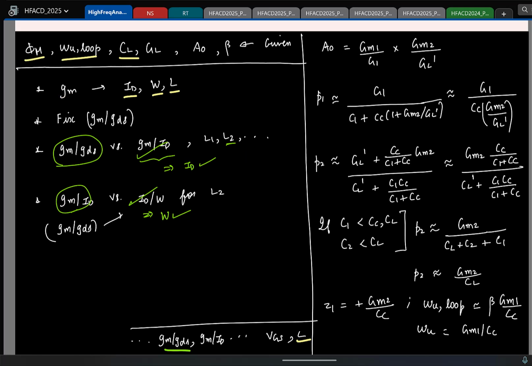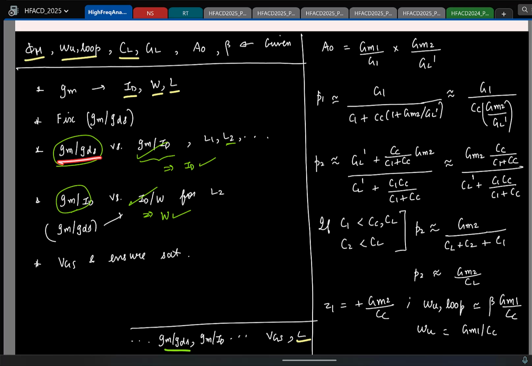But one thing to be wary of is the following. After you design it, make sure that you find the VGS required for this and ensure it is in saturation. That is important. The bias point should be perfect. If you find that the VGS is not very good for the voltages to be good, you can maybe start by fixing VGS.